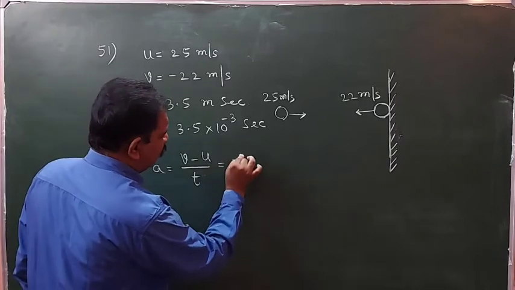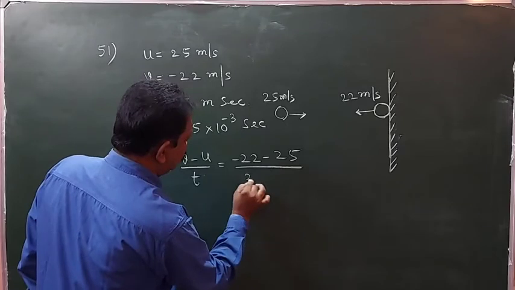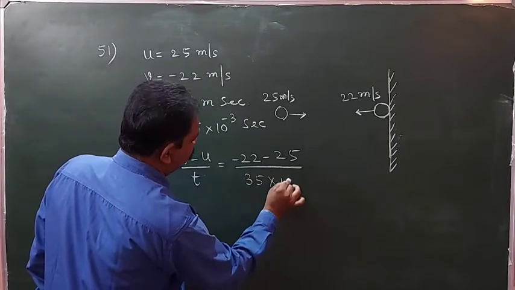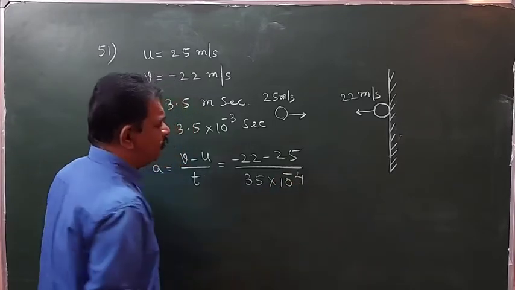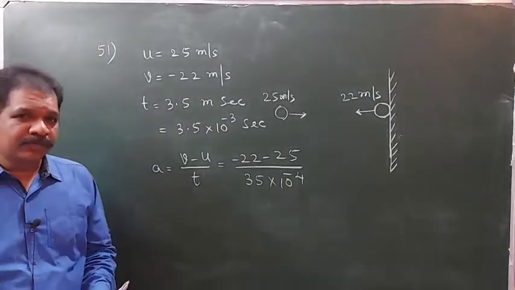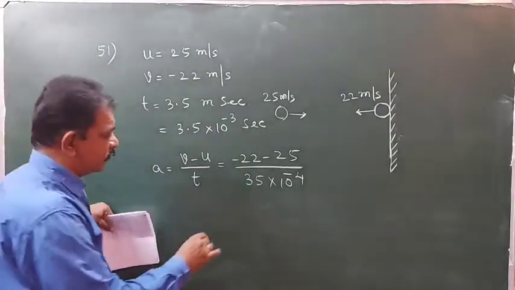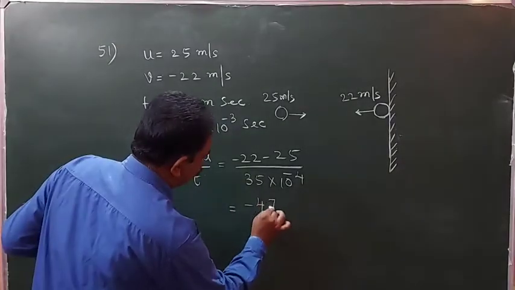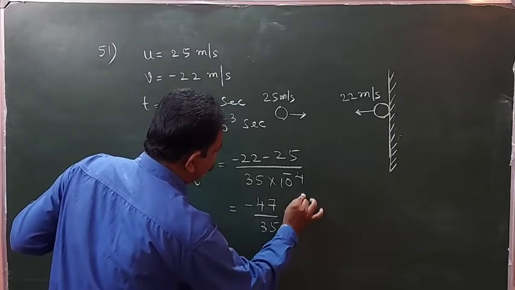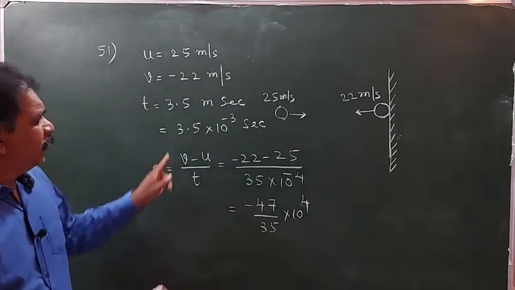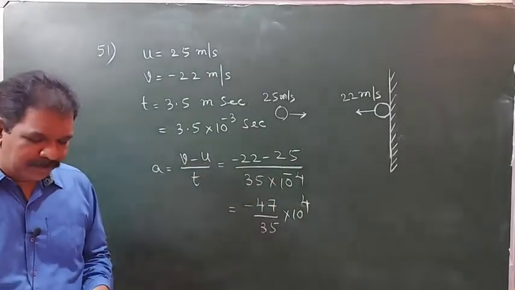So minus 22 minus 25 by 3.5 into 10 power minus 3. Clear? 3.5 into 10 power minus 3 means nothing but 35 into 10 power minus 4, so minus 47 by 35 into 10 power minus 4.